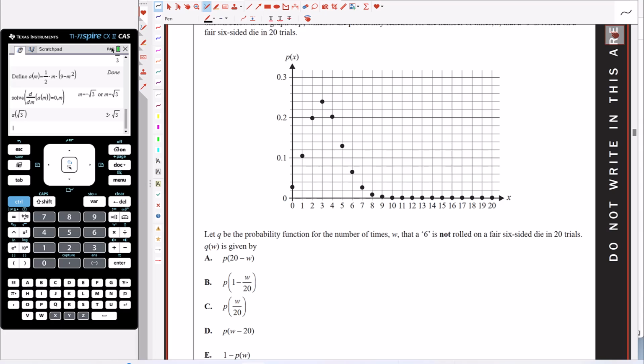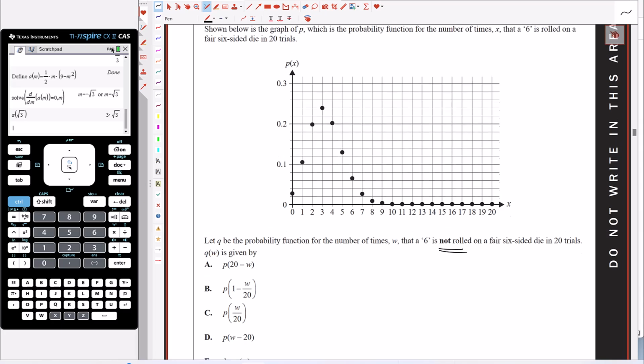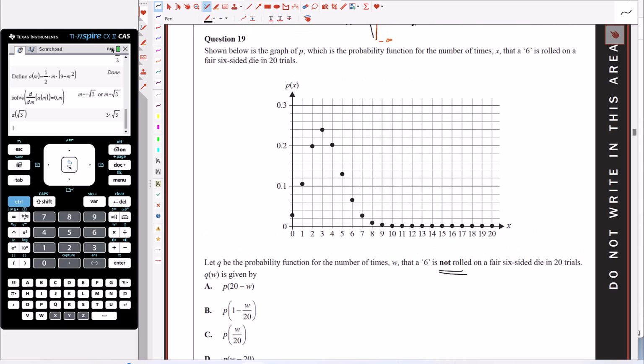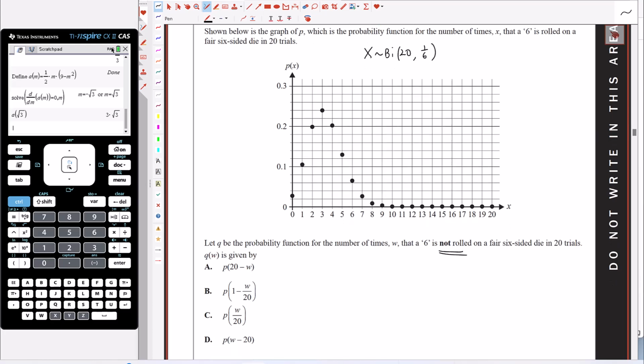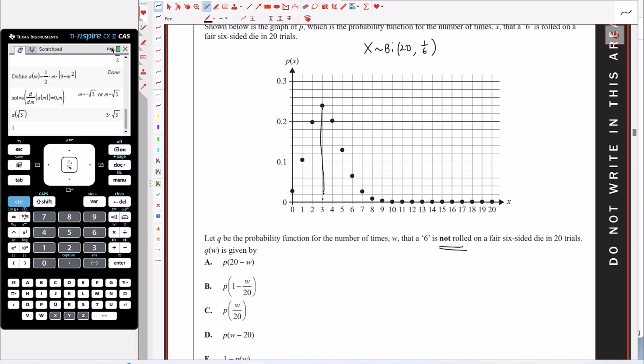The only thing that would change if it's not rolled: in this case, X is the number of times that a 6 is rolled, and so X is binomially distributed, it's rolled 20 times, and p is 1/6. And so this peak here will be happening at 1/6 of 20. Well, 1/6 of 20 is 3 point something, so the peak's somewhere a bit over here.